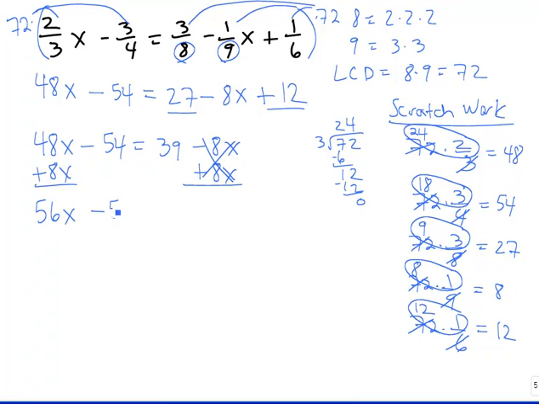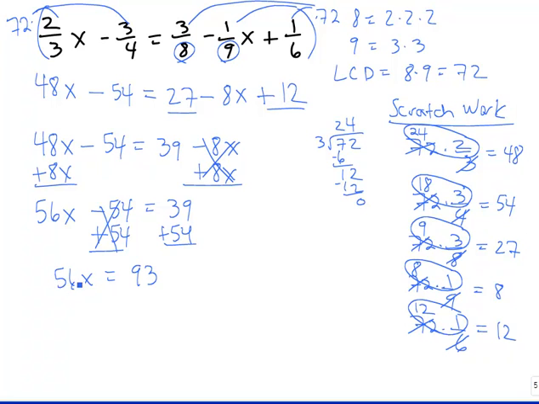Bring down the minus 54. Bring down the 39. So we have our x on the left side, so now we need to move the numbers to the right side. So I'm going to add 54 to both sides. So these cancel out, giving me 56x equals 39 plus 54, which is 93.